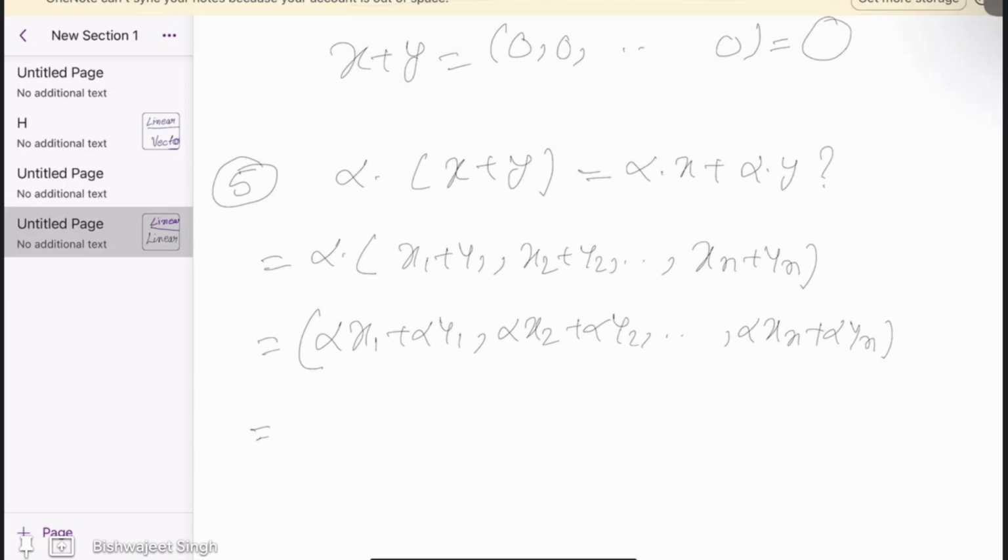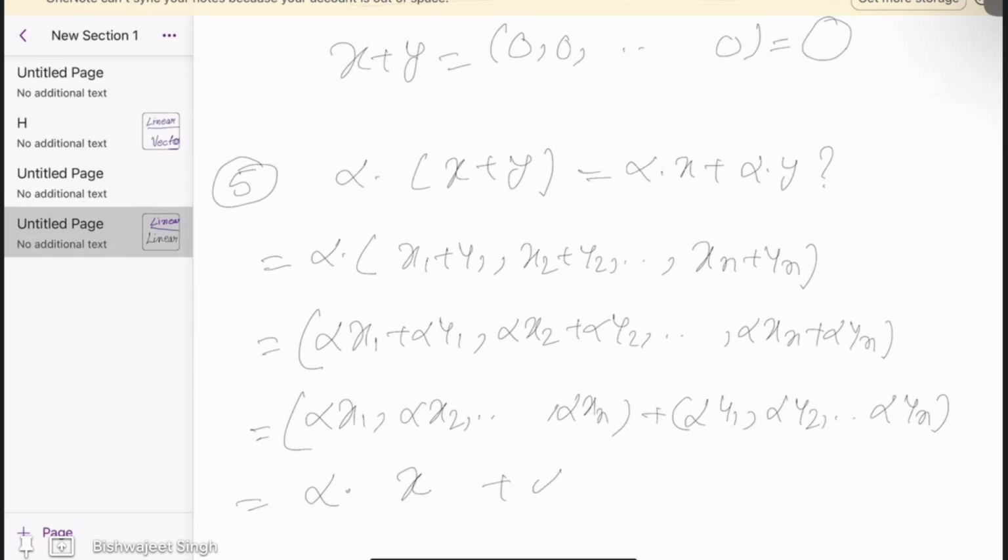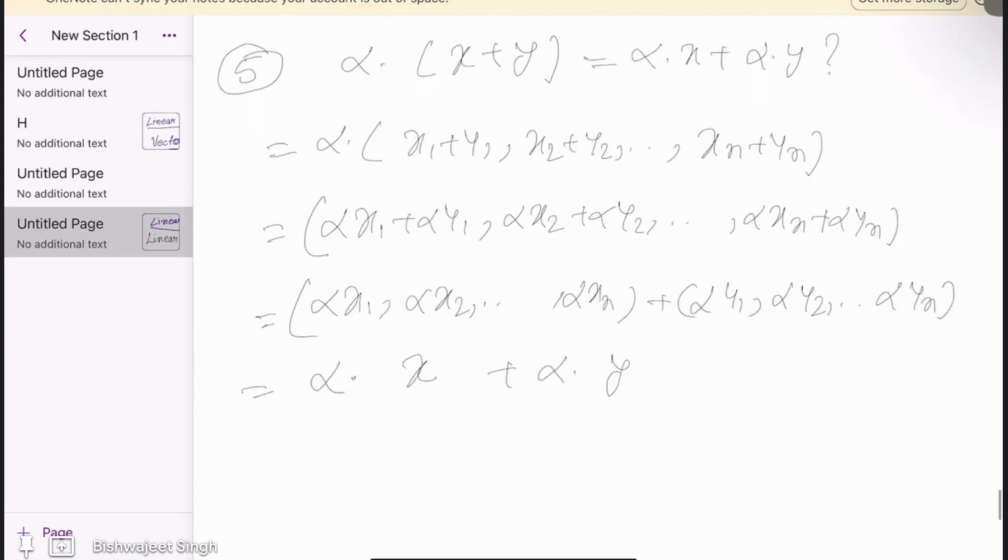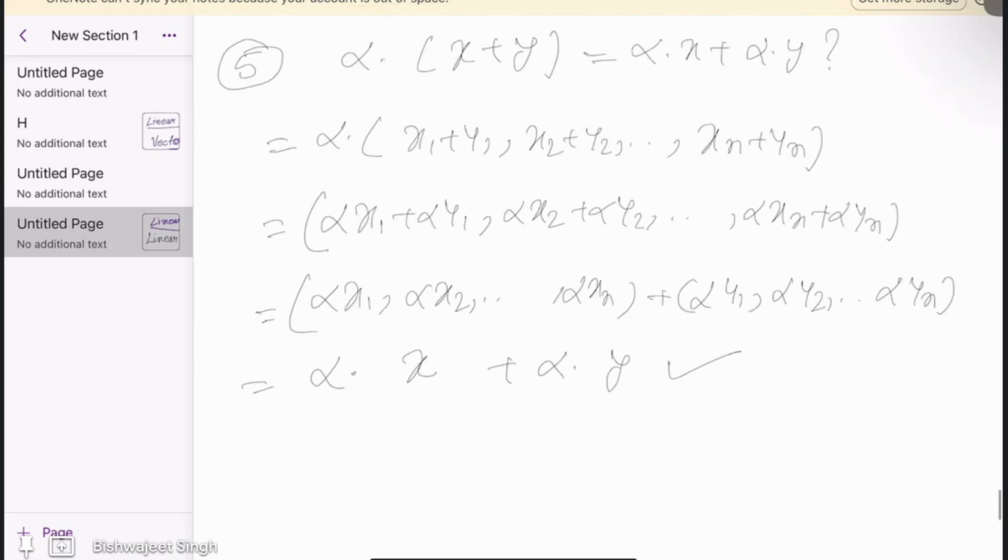But this I can actually write as alpha x1, alpha x2 up to alpha xn plus alpha y1, alpha y2, alpha yn. And now I can just take the common alpha. If I take alpha out, I will have x1, x2, xn, which is my x, and again the same, if I take alpha out, I will get y, right? So this is also true.